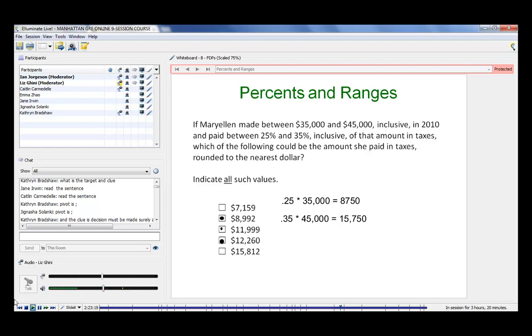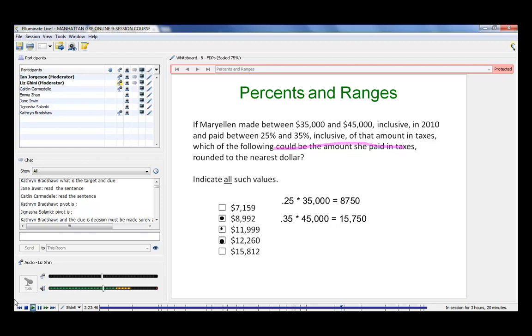That was absolutely perfect. This is a max-min problem. She made at a minimum 35,000, at a maximum 45,000, and was paid between 25% and 35%. So you multiply, and you need to figure out which of the following could be the amount she paid in taxes. It has to be between the minimum that she paid and the maximum that she paid.